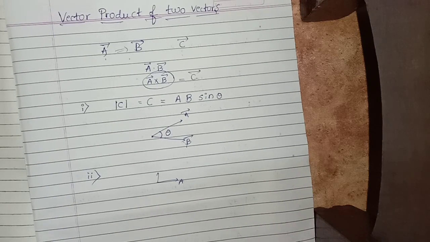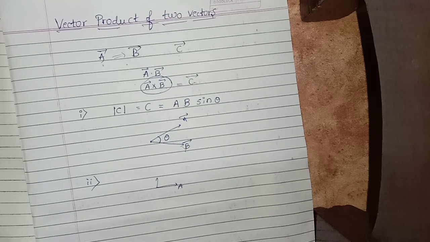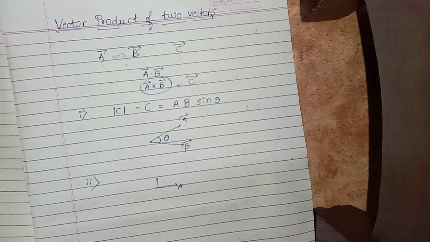So the direction of C is perpendicular to the plane containing A and B, and it is given by the right hand rule or the right hand screw rule. What does the right hand rule mean?